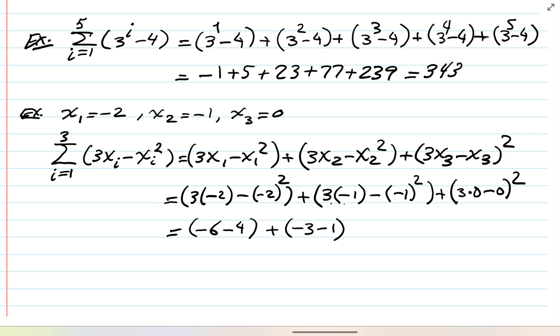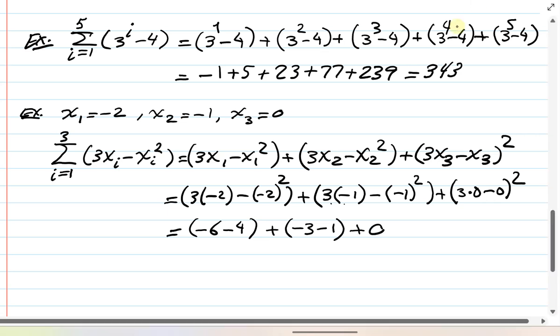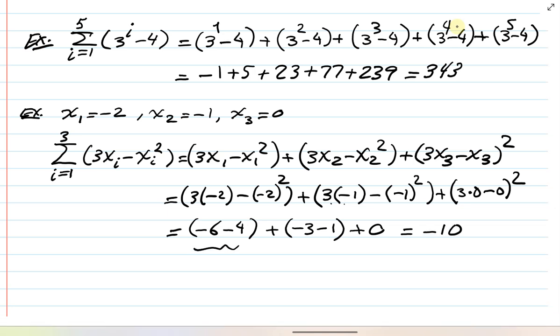Next expression, negative 1 squared is 1, minus 1. That looks right. And the last one is 0. There you have it. So how is this going to work out? The first term is negative 10, then negative 4. The whole thing is negative 14. And we are good with this one. So you see how that works.